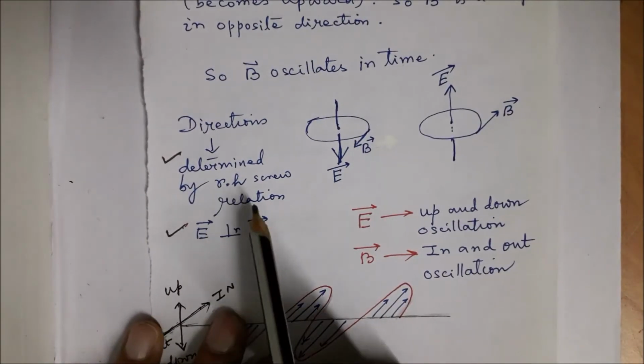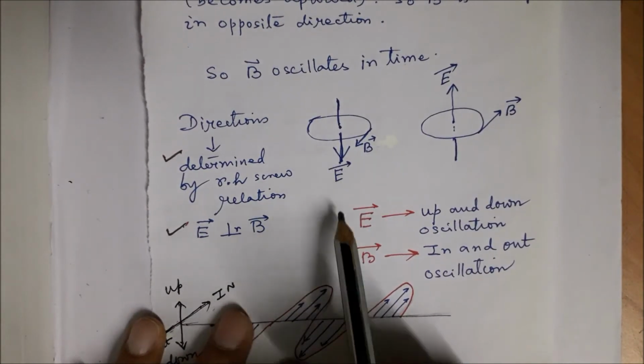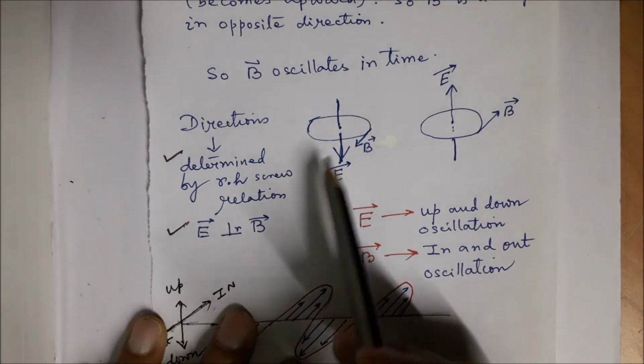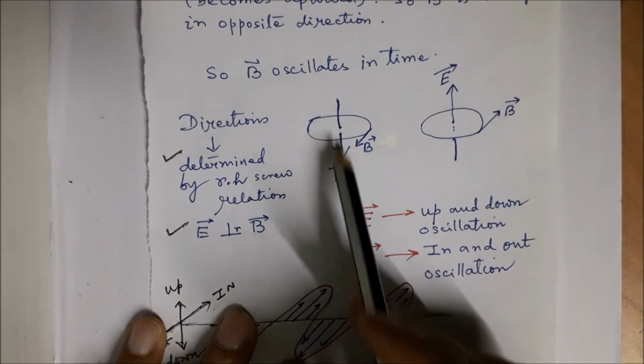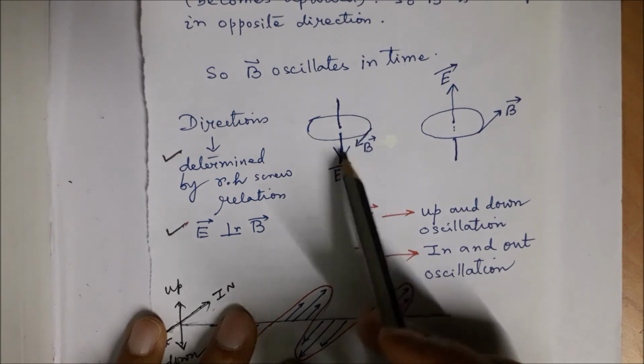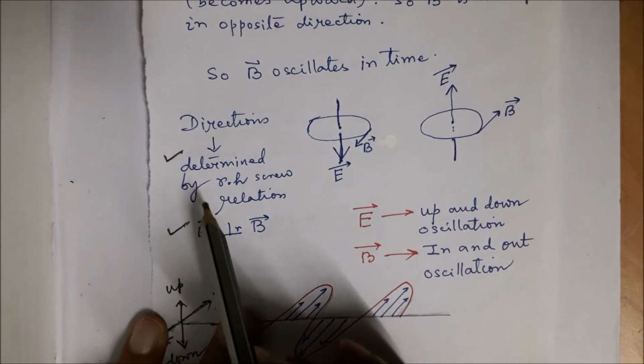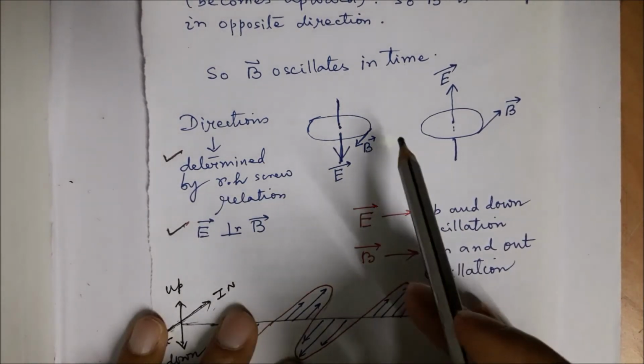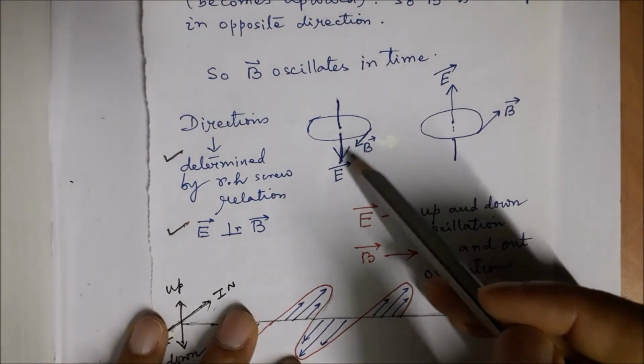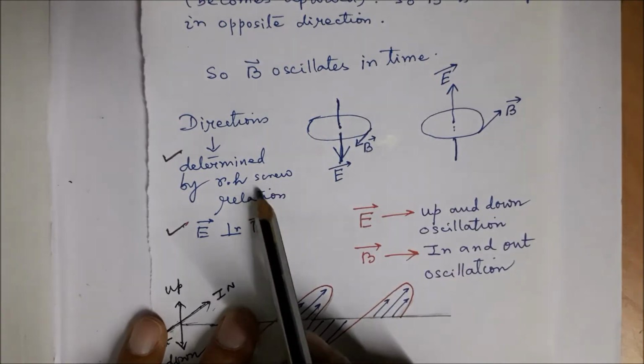Now the directions of E and B are shown here. E was earlier shown to be in the vertical direction, and B, as shown in the diagram just now, is in the xy plane, and the direction is determined by the right hand screw relation.